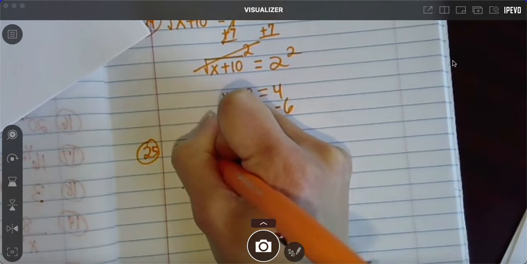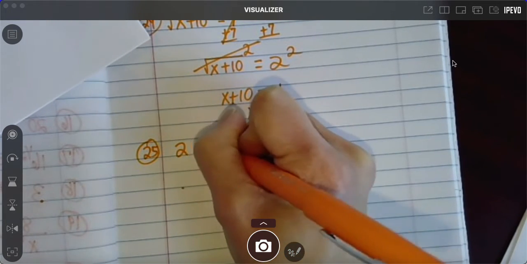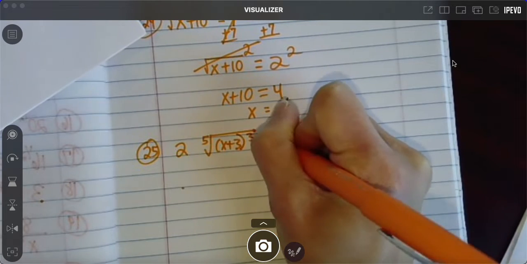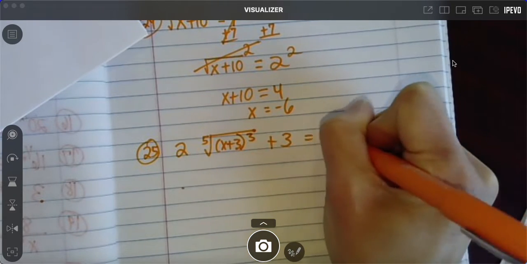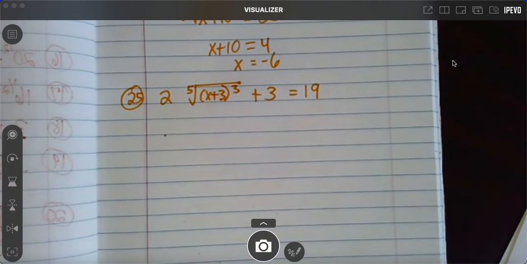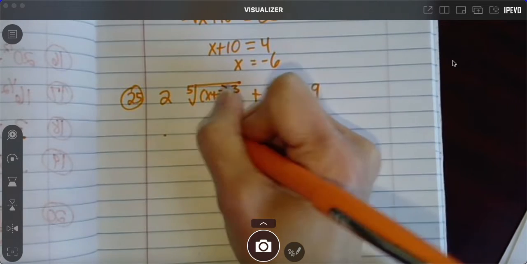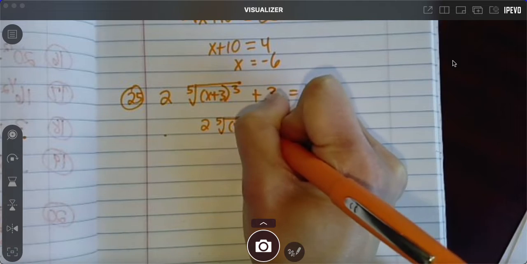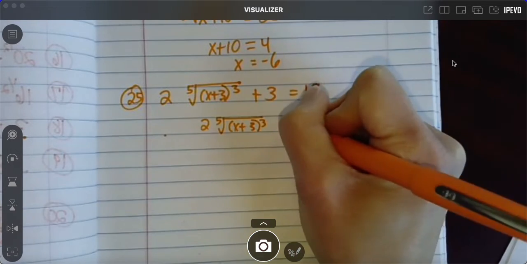25. 2 times the 5th root of x plus 3 to the 3rd plus 3 equals 19. Okay, I need to get the root by itself. Very good. So, are y'all listening? We would subtract 3. You could change that to a fraction, but I'm not going to do that.